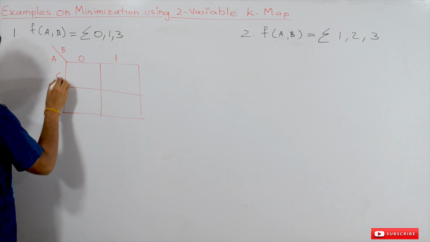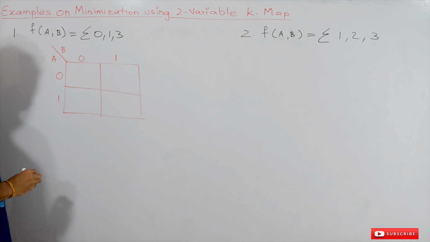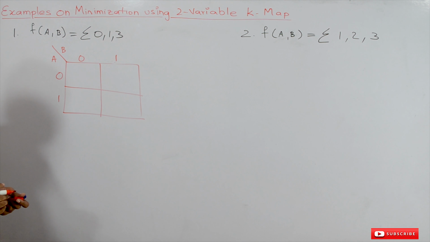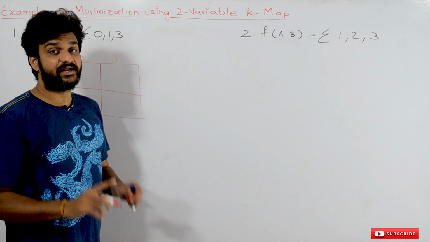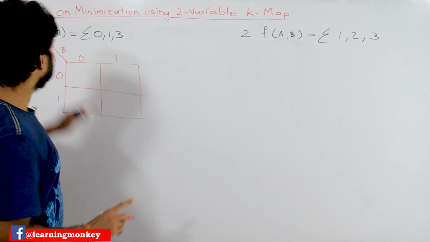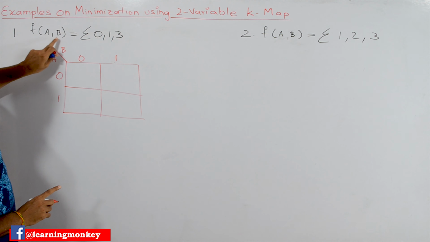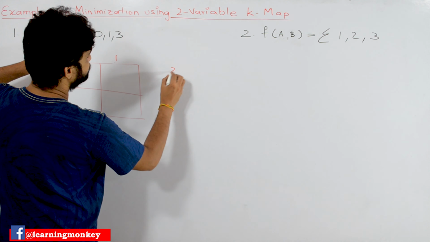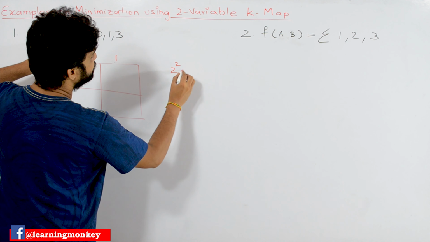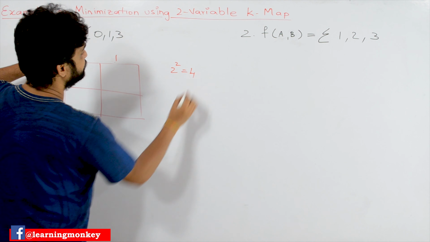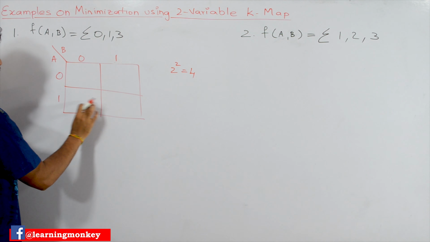Every K-map, whether it is a two variable K-map or a three variable K-map, is going to have 2 power n number of cells, where n stands for the number of variables. If you have two variables, we will have 2 power 2 cells, which is equal to 4 cells: 1, 2, 3, 4.